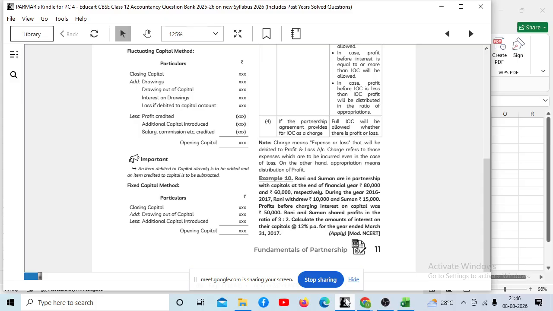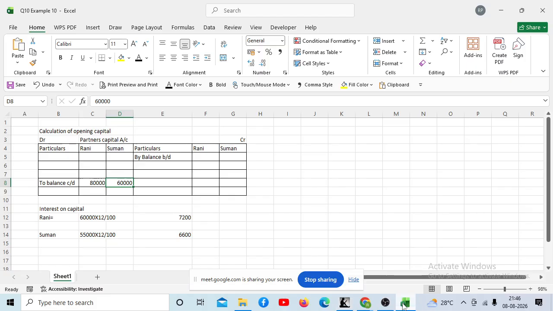So what does the golden box tell? If the liability is reduced, it goes on the debit side. So we will write on the debit side: to drawings, Rani 10,000 and Suman 15,000.